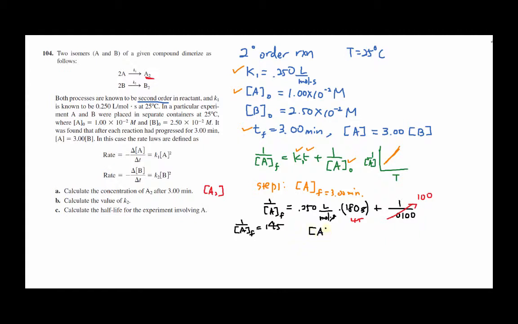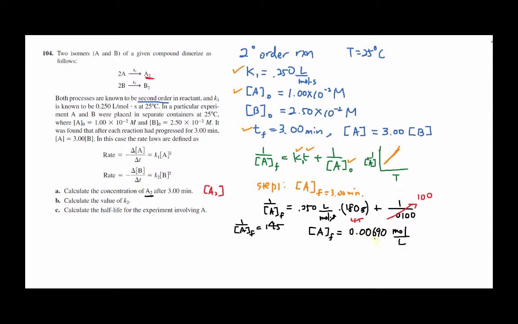Our final concentration of A is 0.00690 mole per liter. Alright, that's what you see after this reaction experiences 3 minutes. Now they are asking for the A2 here, so be careful, we are not done yet.